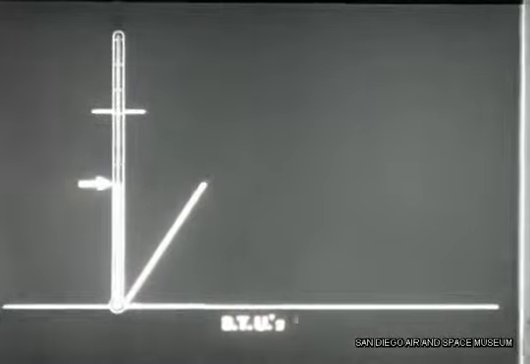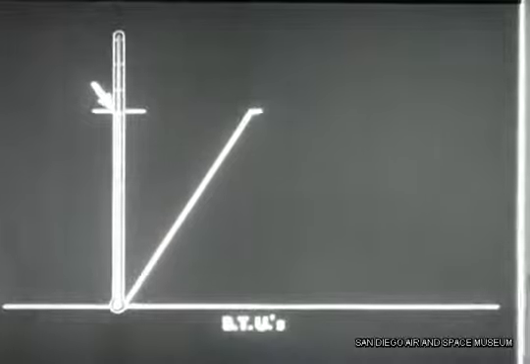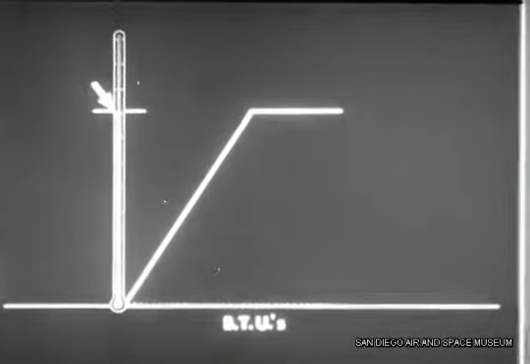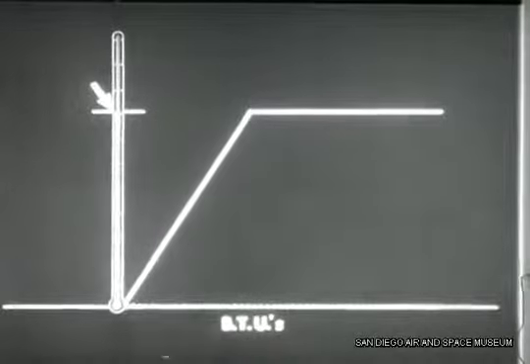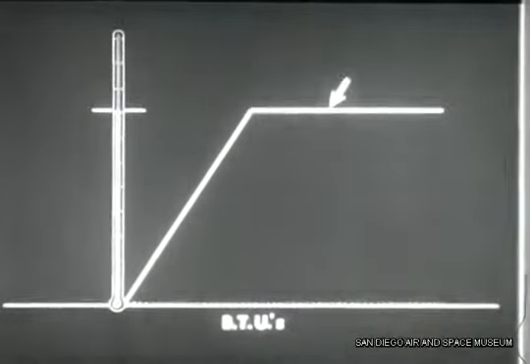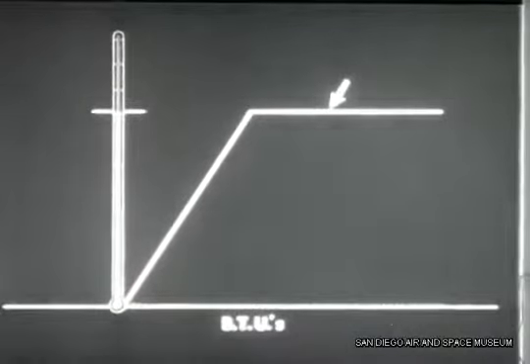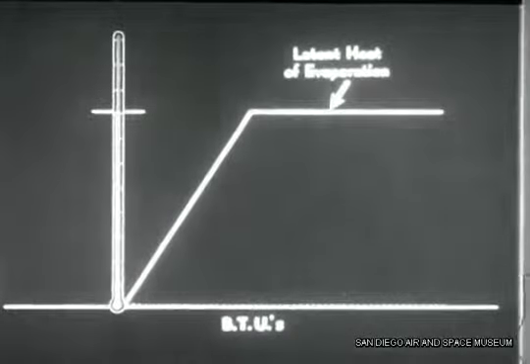As the water absorbs BTUs, its temperature goes up until it finally boils at 212 degrees. But as the water absorbs more and more BTUs, its temperature stays the same. This extra amount of heat that does not affect temperature, but which we have to add to make the liquid evaporate and become a gas, is called the latent heat of evaporation.